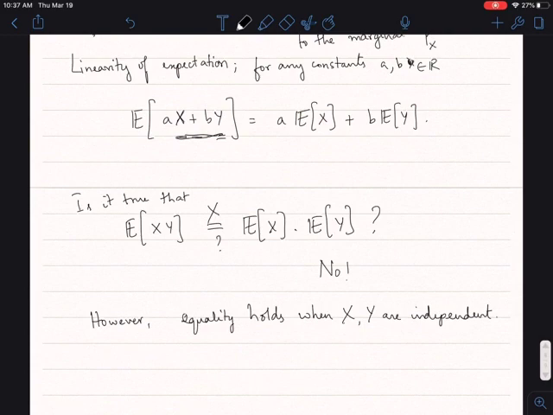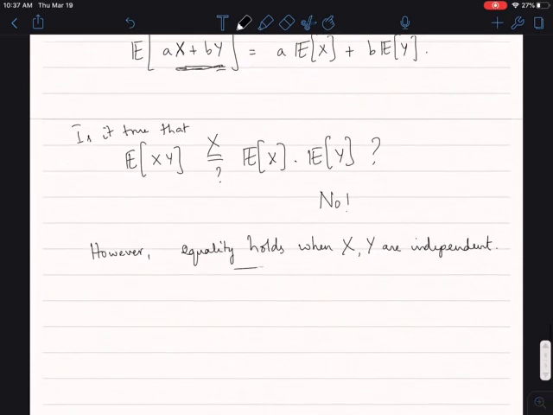And this is actually a clean and simple fact to see.